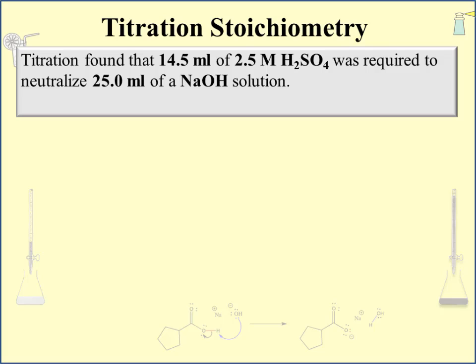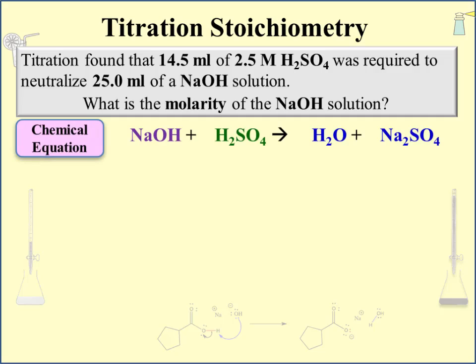Since the sulfuric acid is given a concentration, molarity, it must be the titrant. That means that the titrate is NaOH. What is the molarity of the NaOH? Step 1 in solving this titration problem using stoichiometry is getting a balanced chemical equation. Is this equation balanced?